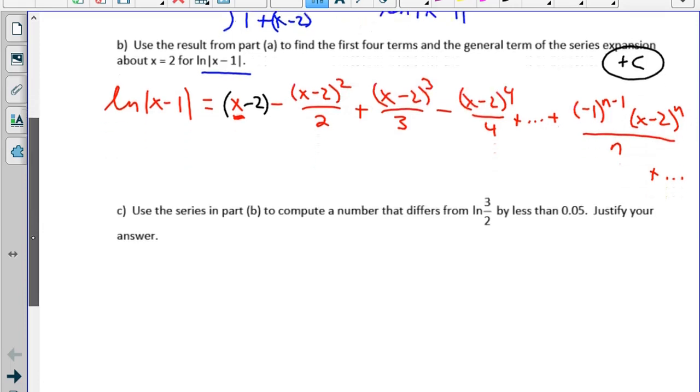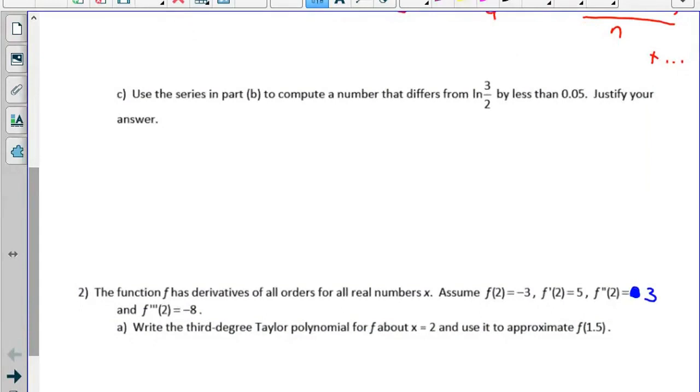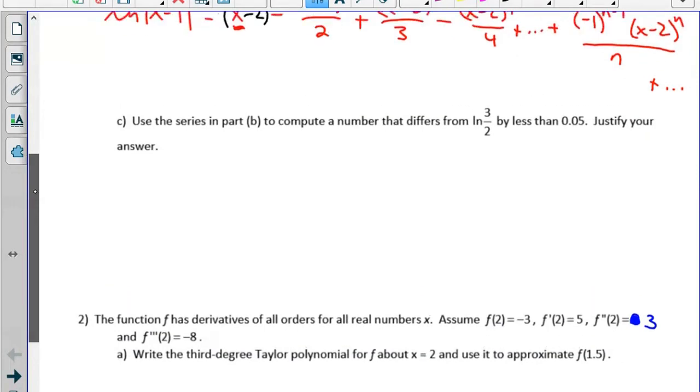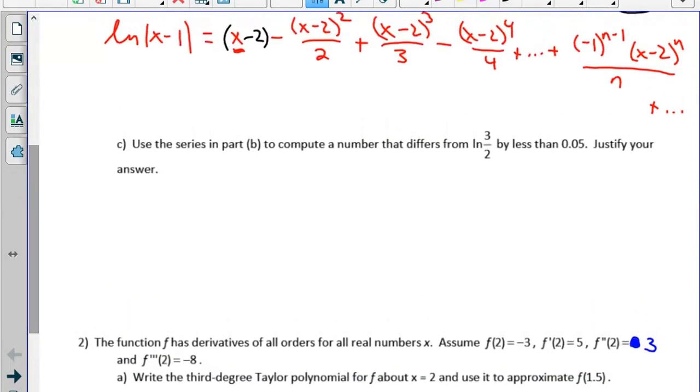Part C, use the series in part B to compute a number that differs from natural log of 3/2 by less than 0.05. So I'm going to notice that x is going to equal 5/2 or 2.5, because if I'm looking at the natural log of x minus 1 and I want the inside to be 3/2, I'll substitute 5/2 in.